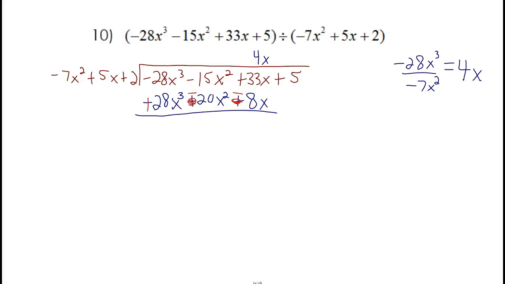And then I combine down. First one cancels out. Negative 15 minus 20 gives me negative 35, and that's going to be x squared. 33 minus 8 is positive 25, and the x is going to come down. And then we bring down the plus 5.